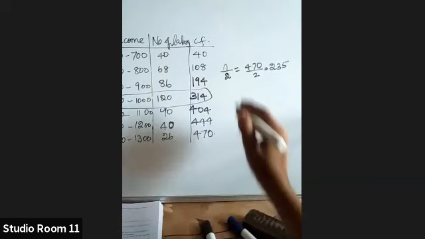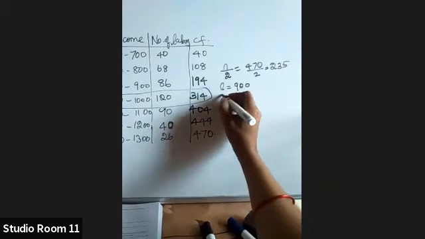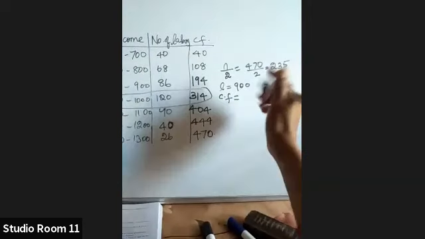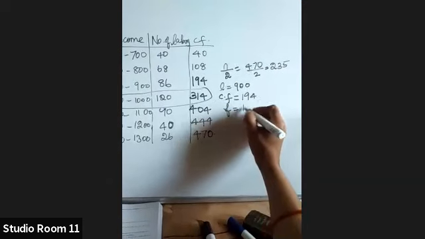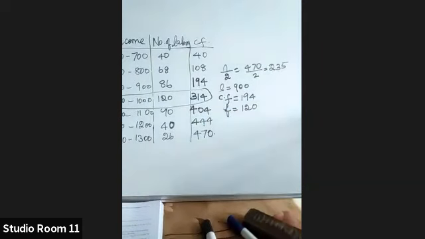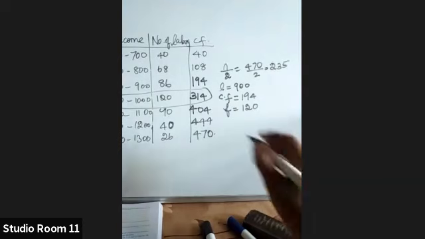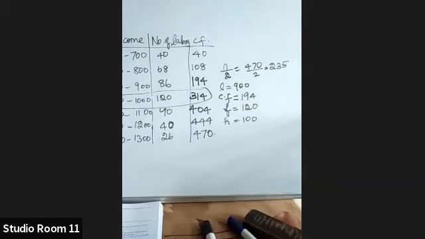Okay, so once you find this, you mark what is L. L is the lower limit. What is CF? Cumulative frequency of the preceding class, 194. What is F? The frequency of the class. Then H is the width or size of the interval, it is 100.